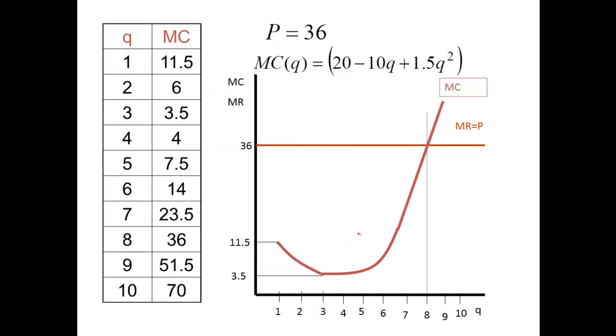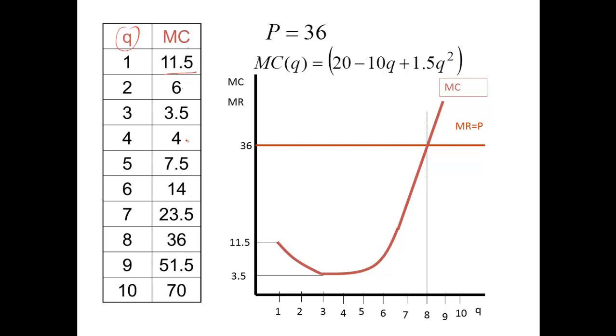Even without doing it as an equation, we could make a little table. We have Q here and MC here. We could just plug in and find that if Q were 1, MC would be 11.5, and so forth, and it falls to 6, 3.5, 4.